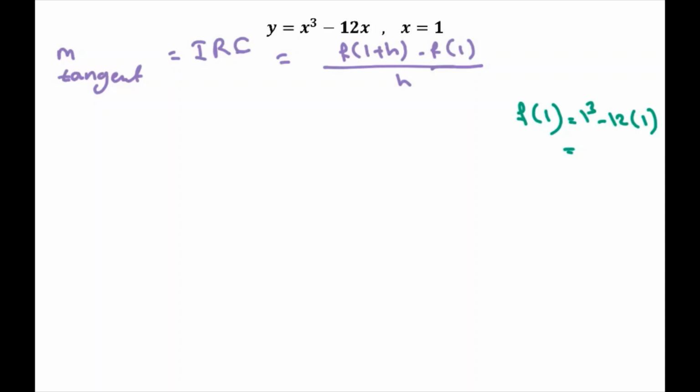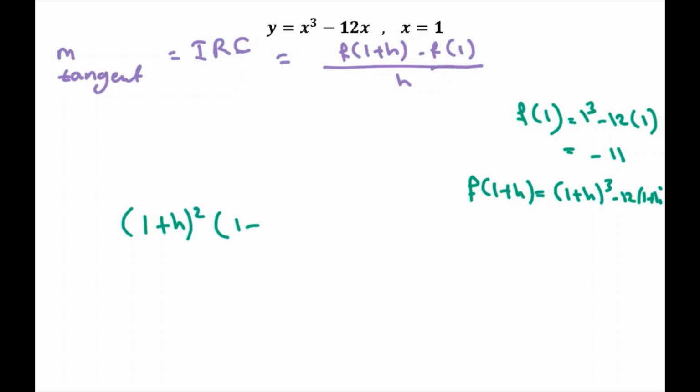That's equal to negative 11. Now we also need to find f(1 plus h), which is equal to (1 plus h) cubed minus 12 times (1 plus h). Now (1 plus h) cubed, you can do it in many different ways. You can do it by using the formula, or if you can't remember the formula, you can do it like this. So it will be 1 squared plus 2h plus h squared.